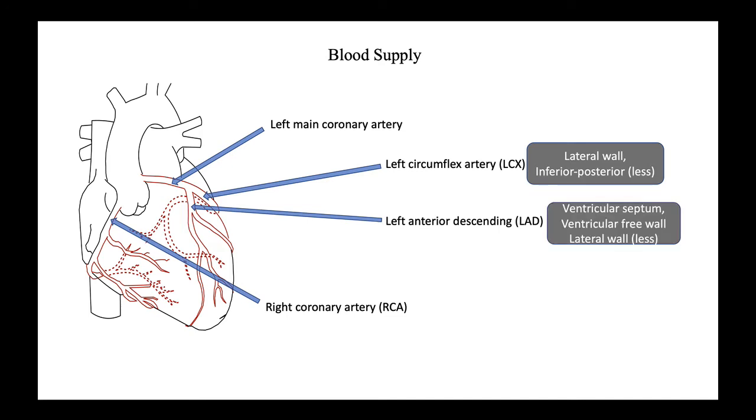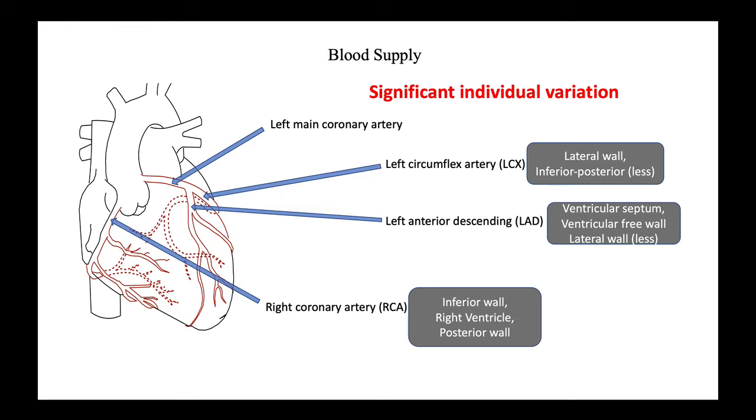The left anterior descending artery supplies the ventricular septum, the ventricular free wall, and sometimes the lateral wall. Whereas the right coronary artery usually supplies the inferior wall, the right ventricle, and the posterior wall. So as I said, the inferior wall and the posterior wall can sometimes be supplied by the left circumflex artery, but most commonly it is by the right coronary artery.